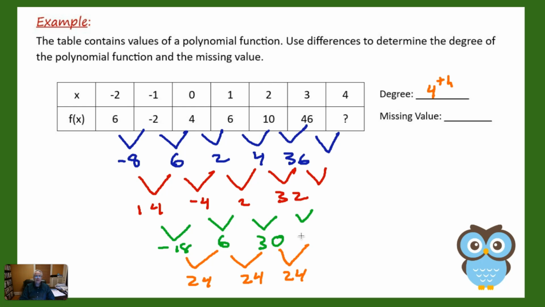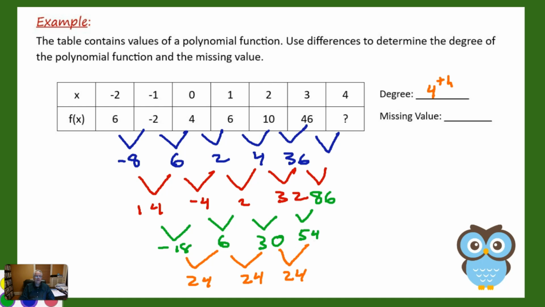That means that this number here is 30 plus 24, which is 54. Okay. Now that I know that this is 54, 32 plus 54 would be this number. So this must be 86. And that works because 86 minus 32 is 54.